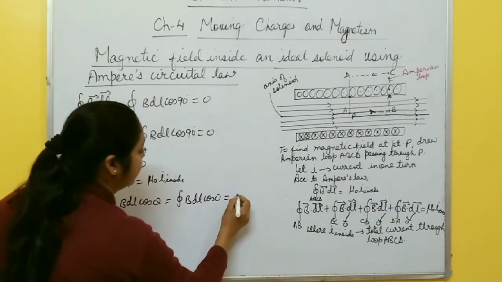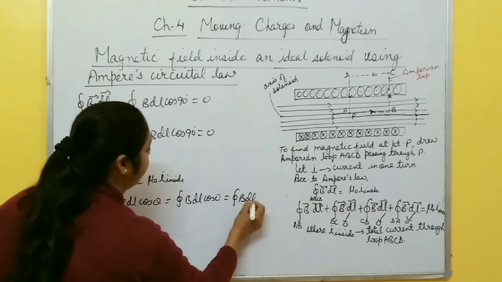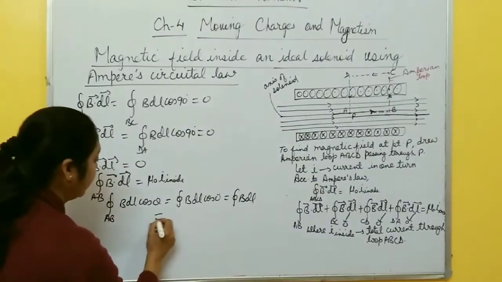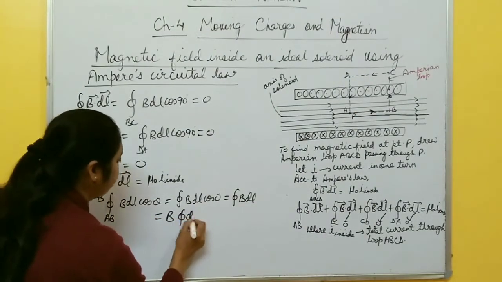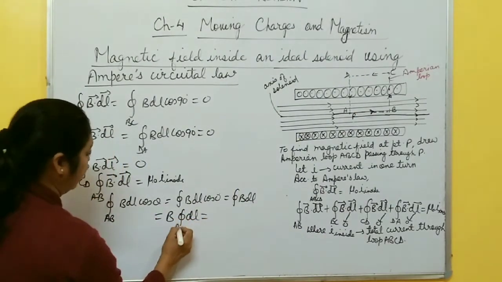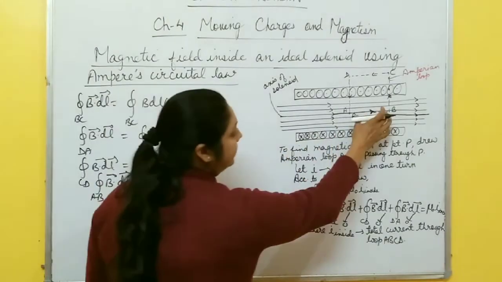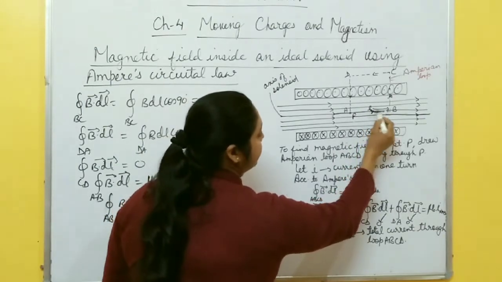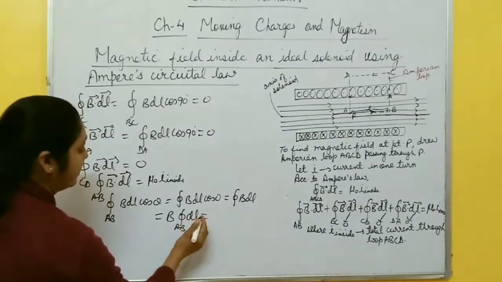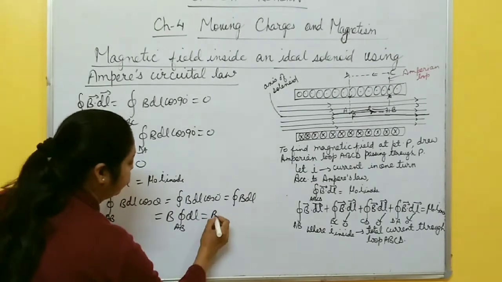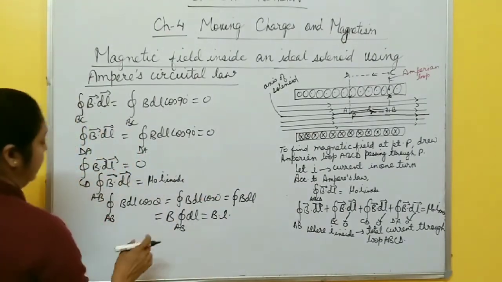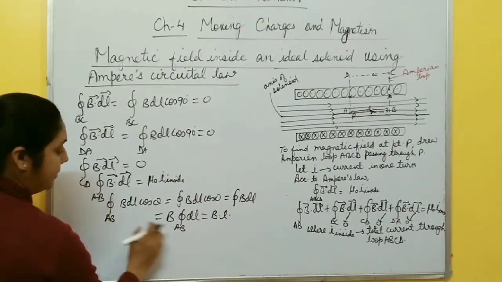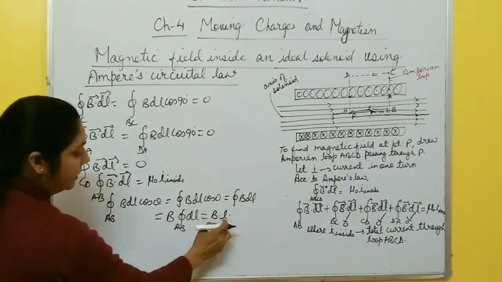Cos 0 is 1, so it is just B dl. Since B is uniform inside the solenoid, you take B outside. It's just the integral of dl along AB. Let us suppose the length of this AB is L. So in place of the integral of dl you write L. In this way, the integral along AB is B times L.